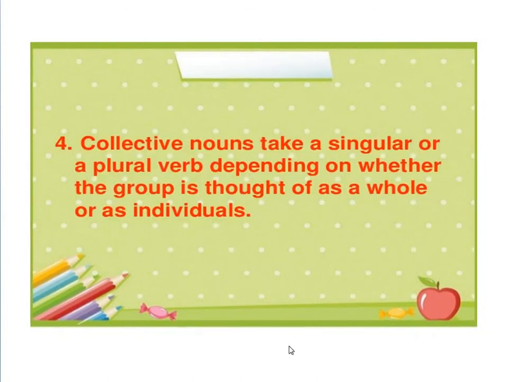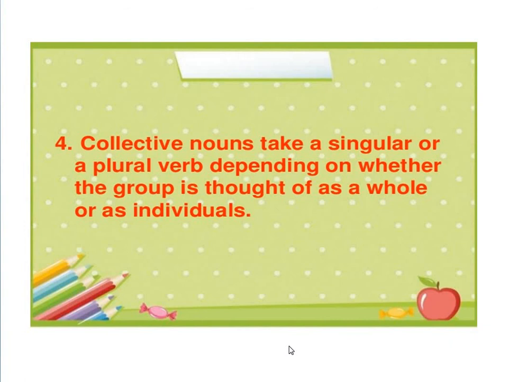The fourth rule is that collective nouns take a singular or a plural verb depending on whether the group is thought of as a whole or as individuals. So we have collective nouns like team, army, police. These types of nouns are collective nouns.